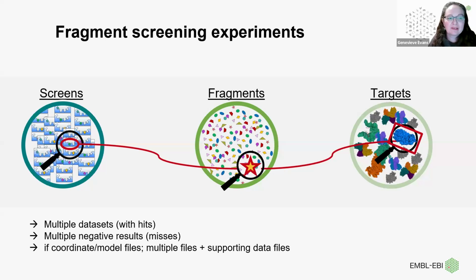So in terms of fragment screening experiments, they're quite diverse methods that can be used, but they all share a commonality in that there's fragments involved, there's a target that's being hit, there are fragments that are both hits and misses, there's multiple negative results, multiple data sets, multiple files, and multiple supporting data files.